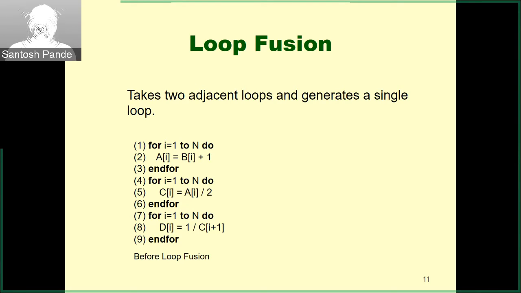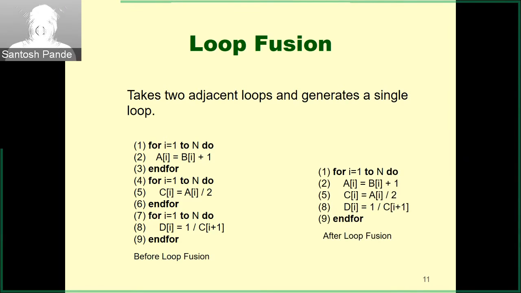As you can imagine, it's all about maintaining dependencies and not introducing wrong dependencies during the fusion. You can easily see here that if we do the fusion and create one big loop, it will have the best locality. The question is whether it will be semantically legal or illegal with respect to the left-hand side loop nests.